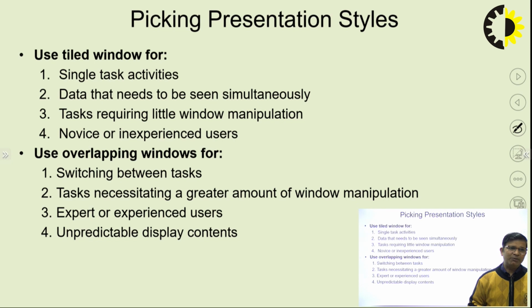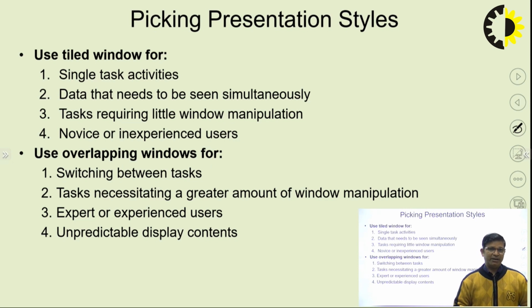Overlapping window: for switching between tasks, tasks necessitating a greater amount of window manipulation, and expert or experienced users, so that we are able to see the whole window and switch to another window very easily.